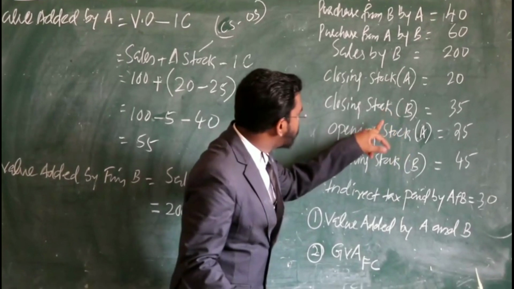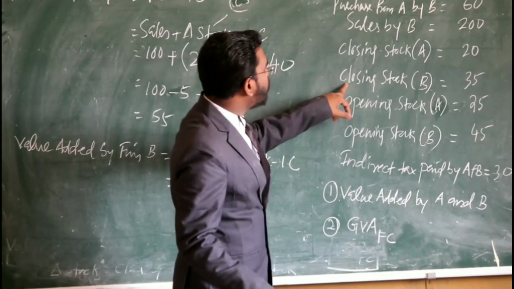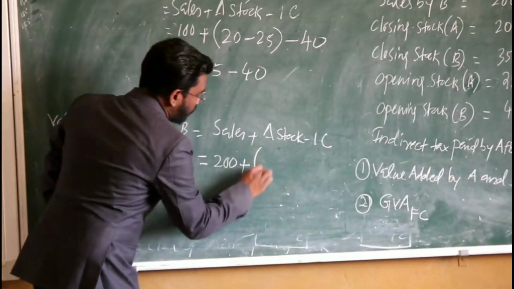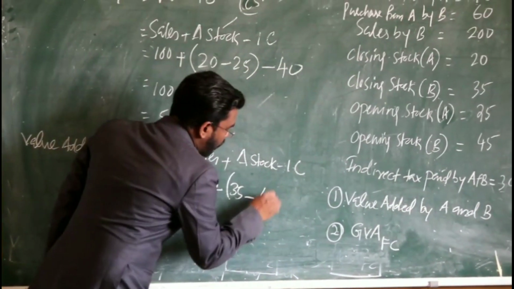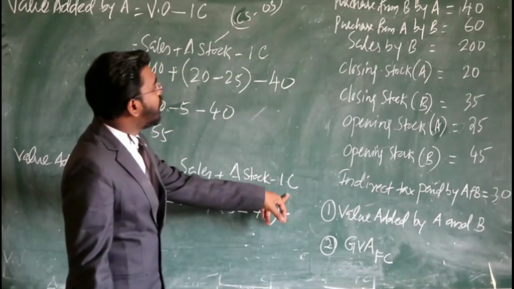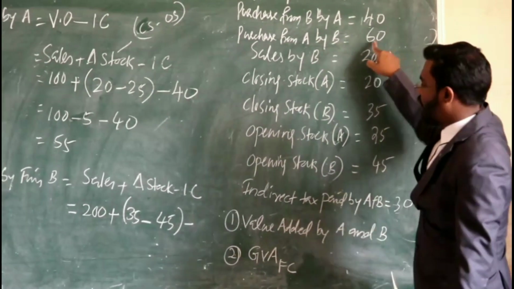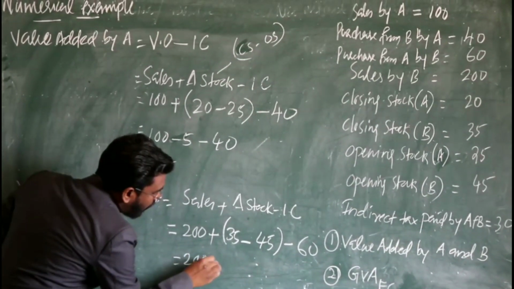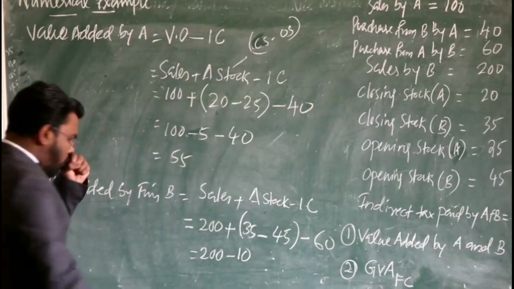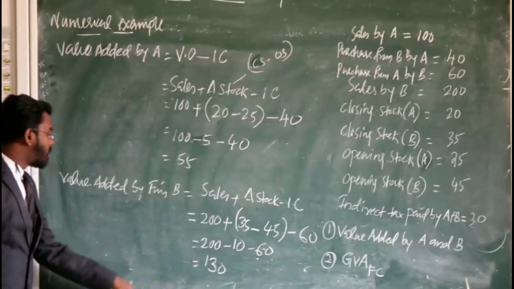Closing stock of firm B is 35 minus opening stock of firm B, 45, minus intermediate consumption, that is purchase from firm A by firm B, 60. That is equal to 200 minus 10 minus 60, which is equal to 130. So 130 is the value added by firm B.